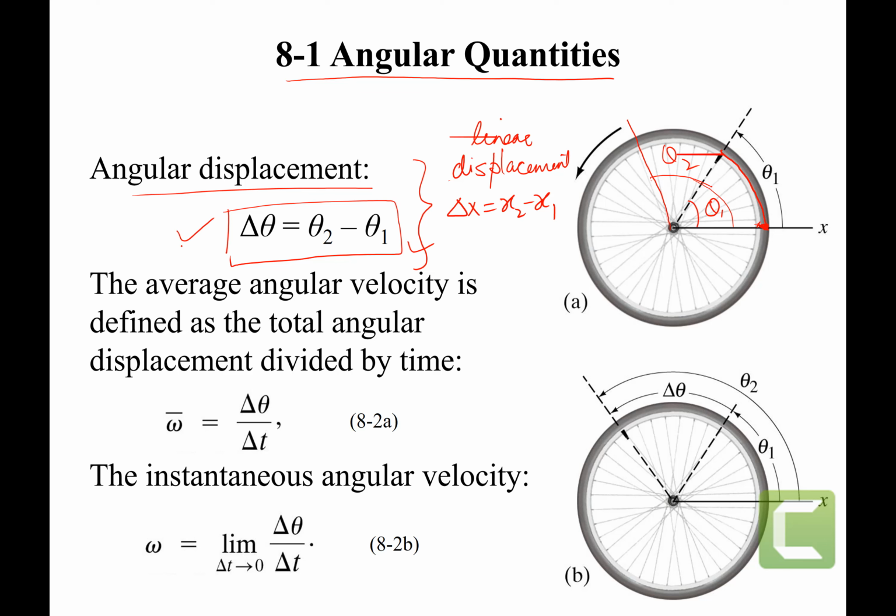Now that I know the displacement, if I have to find out average angular velocity, remember the word angular. We are using the word angular because we are in rotational motion.